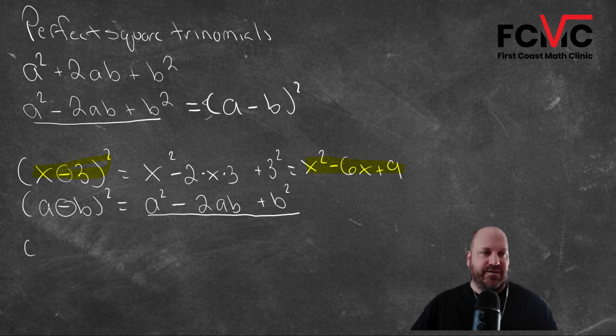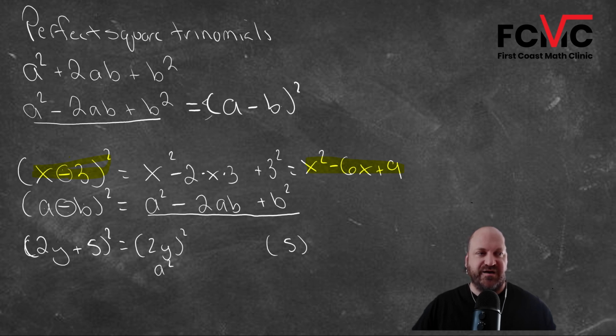Now let's say we've got plus, so let's do maybe like 2y plus 5 squared. Well, how are we going to square that? We know our rule for squaring a binomial. We want to square the first term, so square the 2y. That's our a squared. We want to square the last term, square 5. That's going to be 25, and that's b squared. And the middle term is going to be 2ab, and we're going to keep the sign, so that's plus.